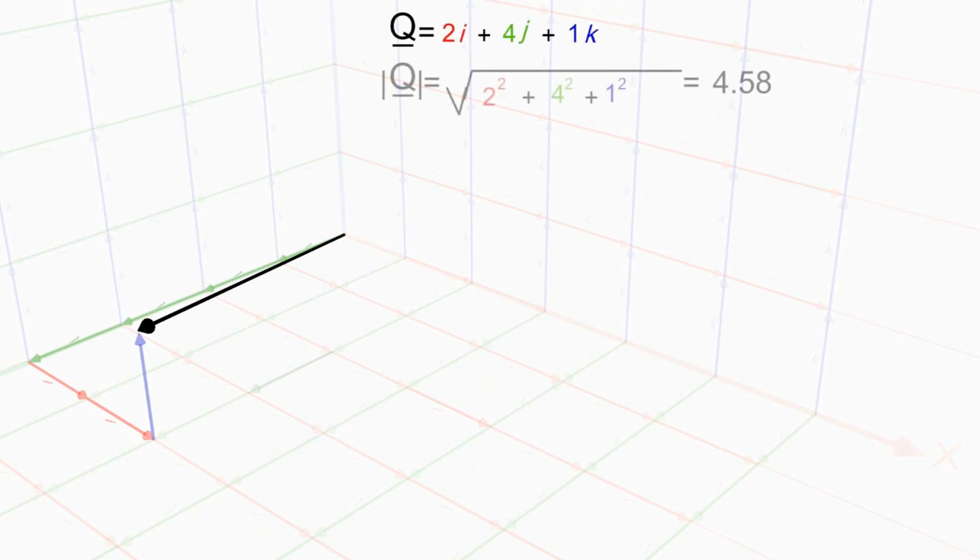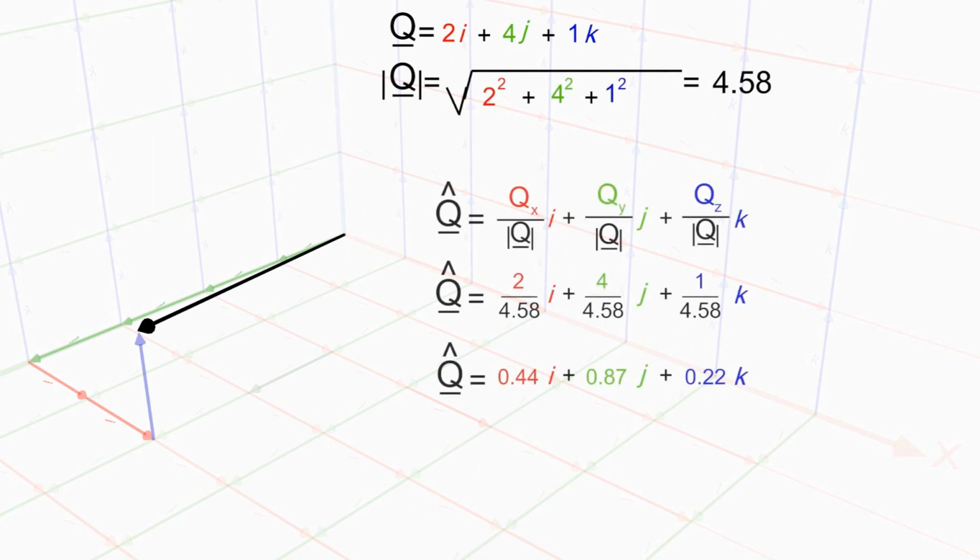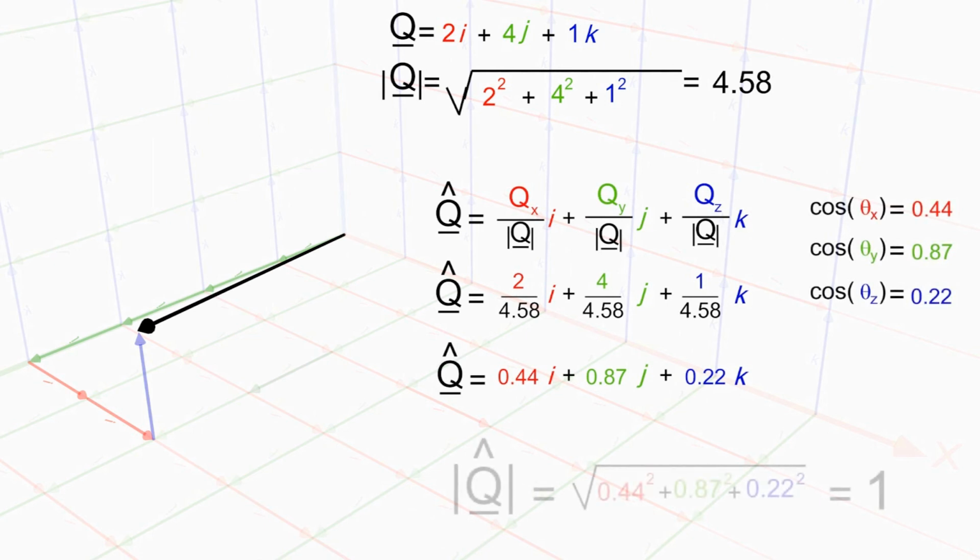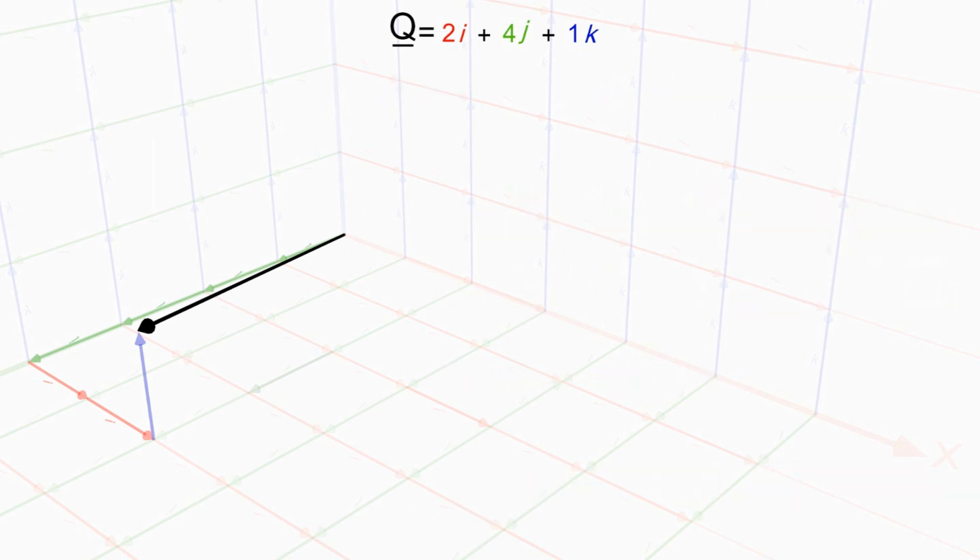Now let's see how we can find the unit vector of the vector q. First step, find the components of this vector.